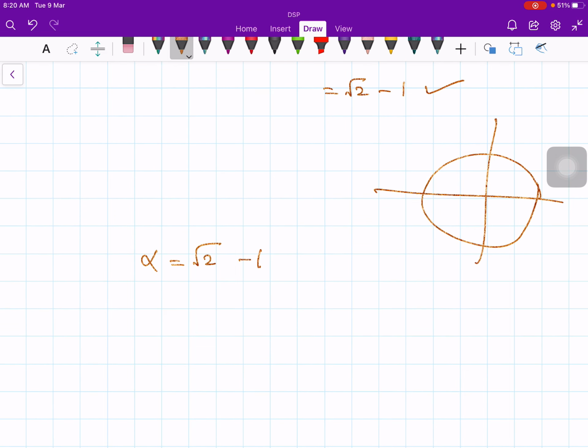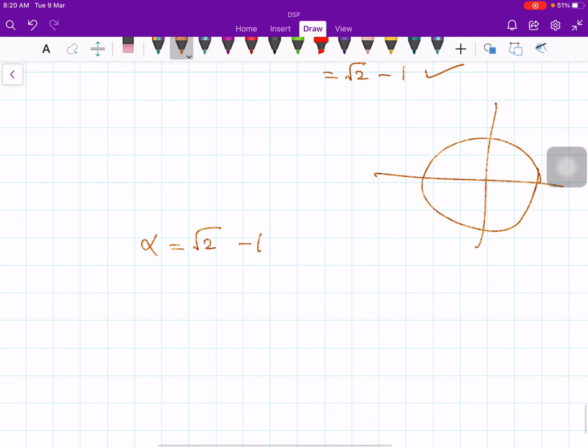Now alpha is a parameter. It is a multiplier. There is no concept of attenuating or amplifying in digital signal processing. It's a parameter, it's a multiplier, it's a scalar actually. So alpha can be chosen to be root 2 plus 1 also. Let us take root 2 minus 1. You have to look at the poles. If the poles go out of the unit circle, then you are in trouble.